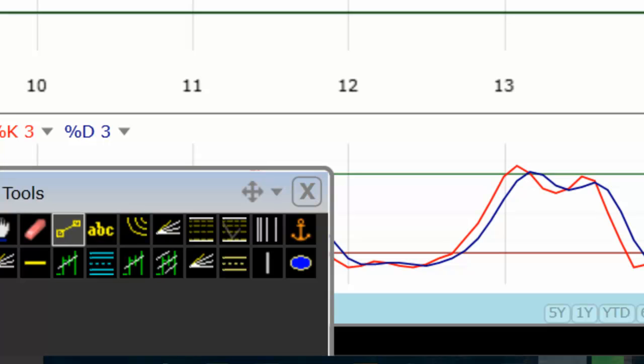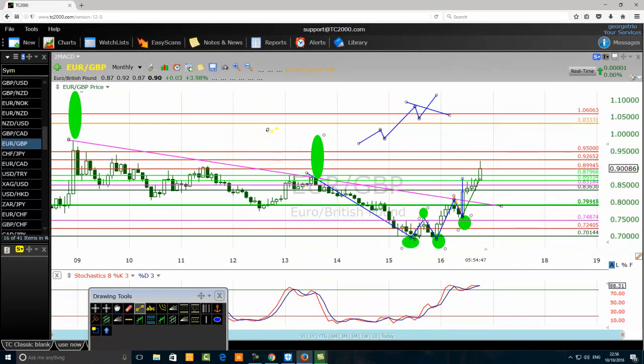If the second wave is very shallow, all right, there is a high chance that the fourth wave will be a little bit deeper, the alternance of the second and the fourth wave. If the second is shallow, the fourth is likely to be deep.